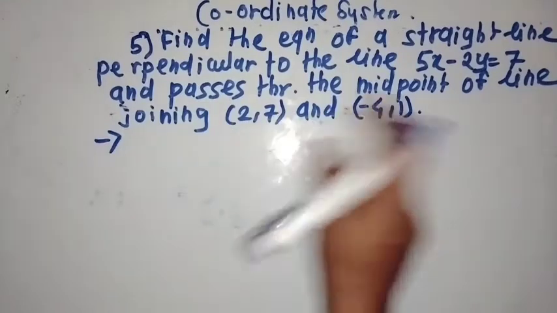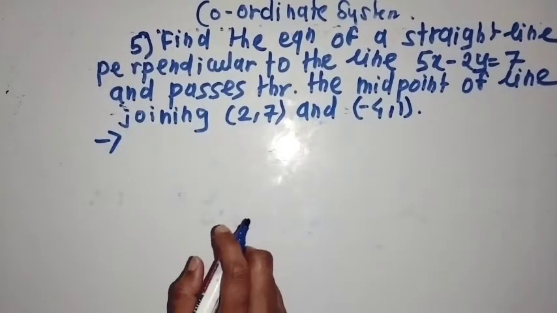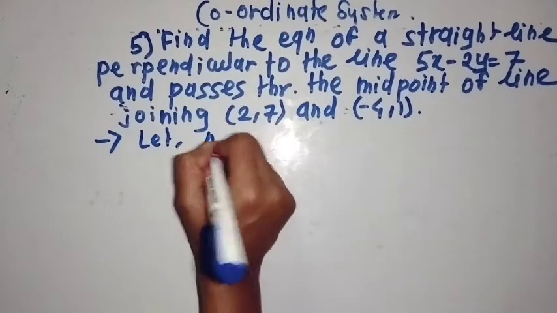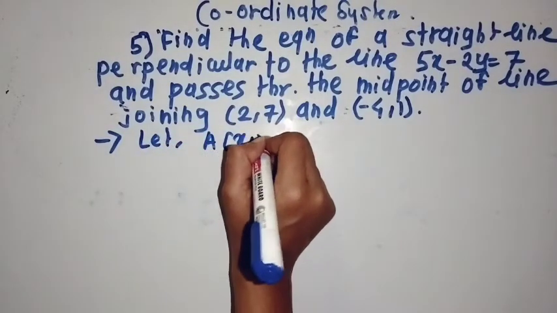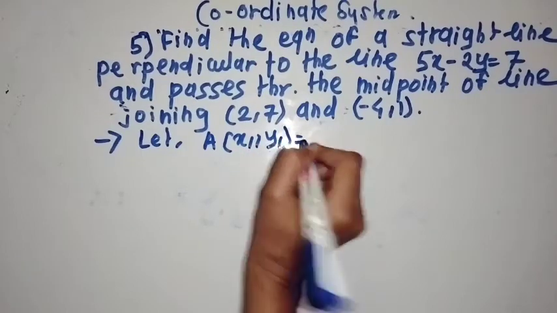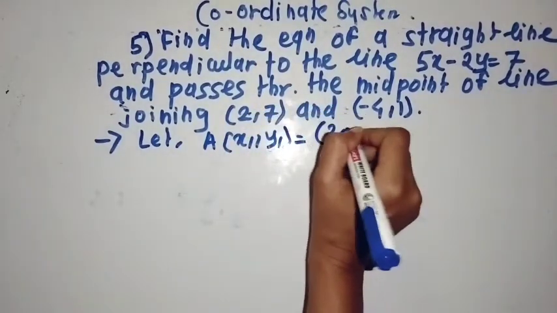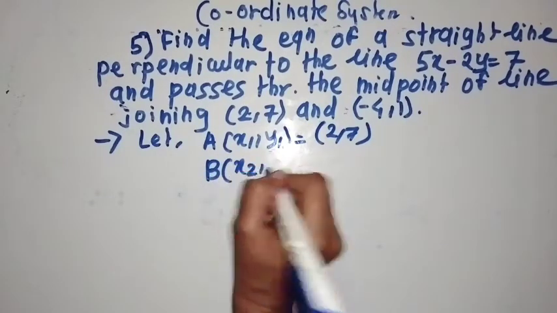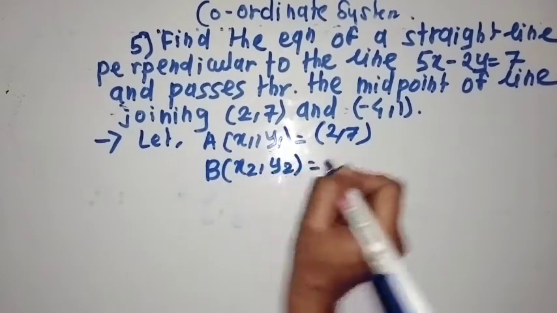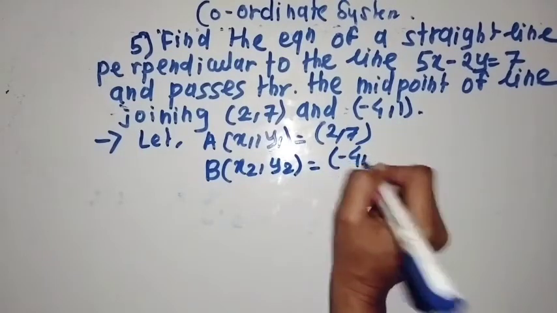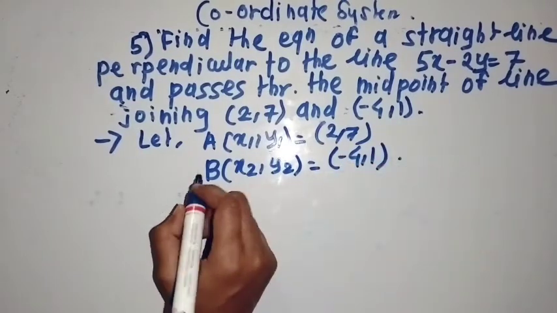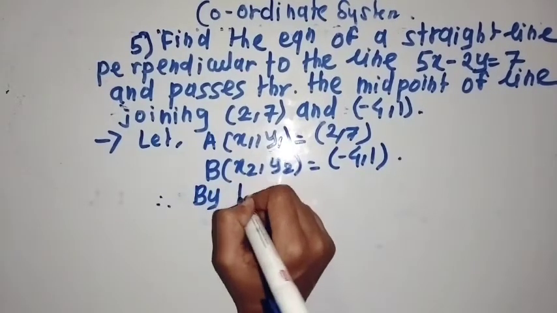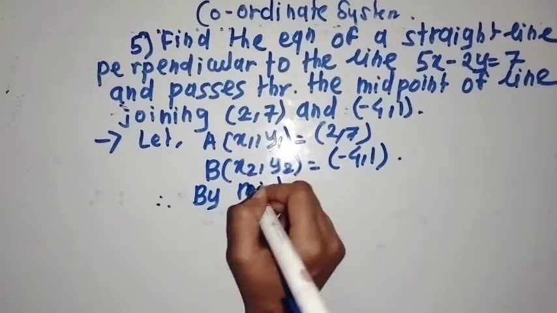Let first given A(x1, y1) is equal to (2, 7) and B(x2, y2) is equal to (minus 4, 1). Then first find the midpoint by the midpoint formula.